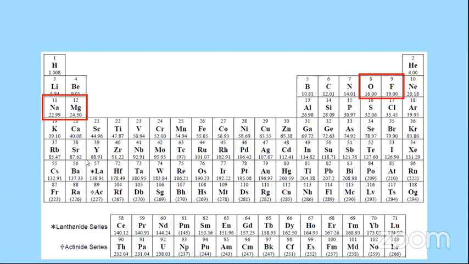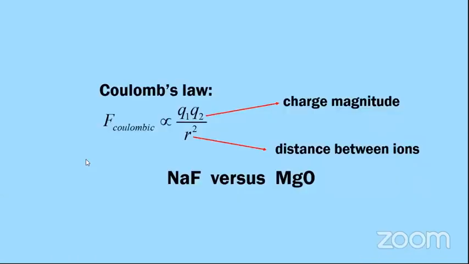But as you probably know, with respect to the charge on the ions, we're talking about +1 for sodium, +2 for magnesium, -2 for oxygen, -1 for fluorine. So if I'm comparing sodium fluoride, which is +1, -1, with magnesium oxide, which is +2, -2, a higher charge magnitude is what's going on here.